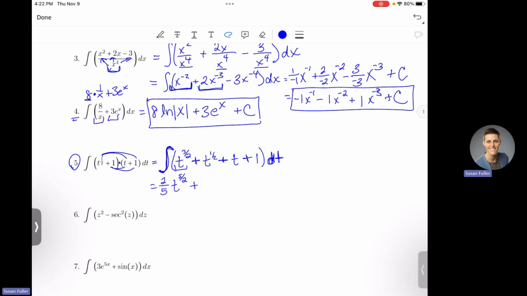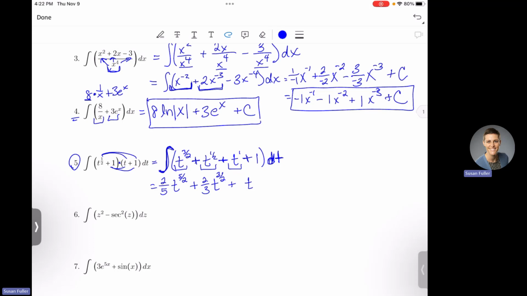And then I'm going to add to that the antiderivative of t to the 1/2. Again, we're going to add 1 to my exponent, getting 3/2, and divide by our new exponent. Dividing by 3/2 is multiplying by 2/3. And we're going to keep rocking. The antiderivative of t, this is t to the first.